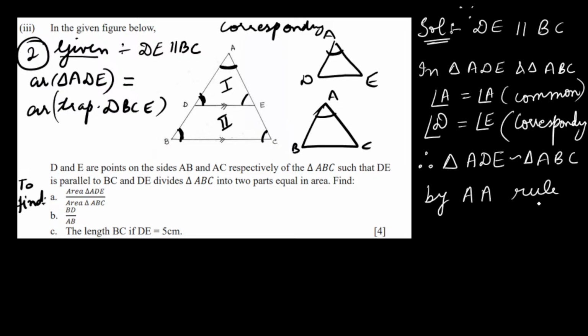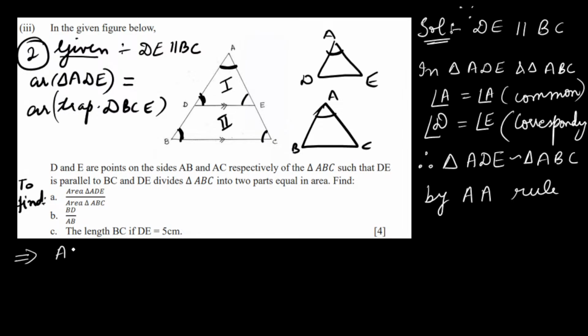So similarity we have proved, and now we have to consider their areas. Two things we know: if two triangles are similar, then the ratios of the corresponding sides are equal.